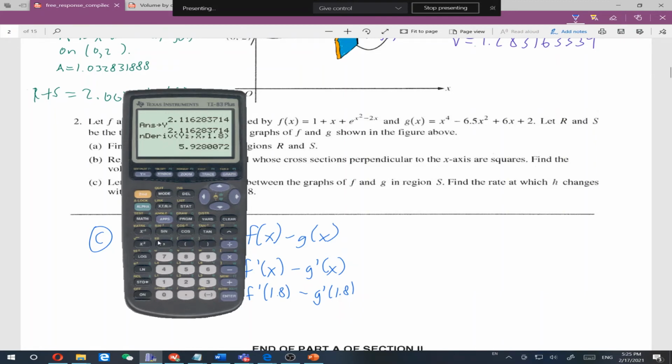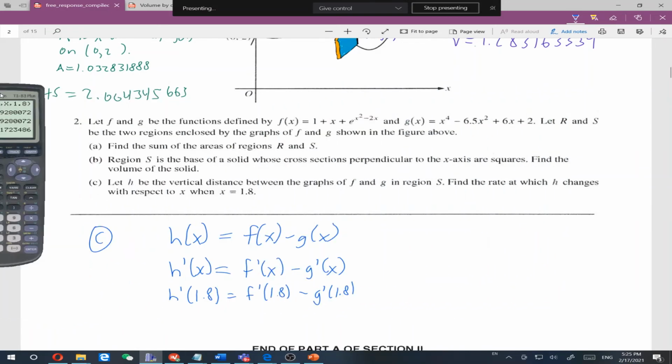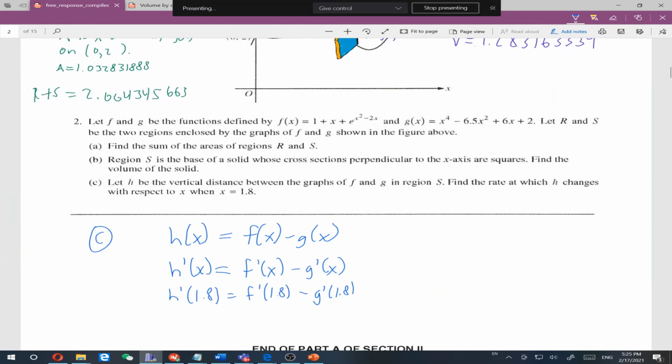And I'm going to store that value as z. Okay, so I want y minus z right now. Should give us h prime at 1.8. Or negative 3.8117. Okay, I'm going to copy this really quick. Negative 3.8117238486.